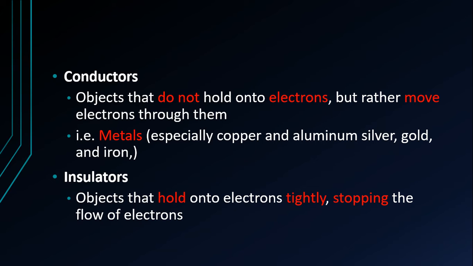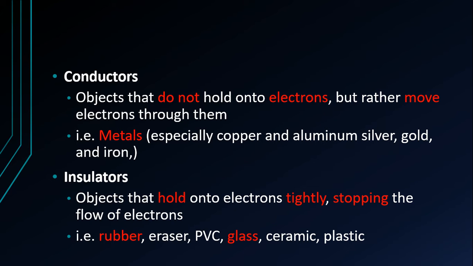We saw this at one of our static stations where we were testing to see which ones were the best conductors and insulators. Things like rubber, eraser, PVC, glass, ceramic, and plastic are all really good insulators.